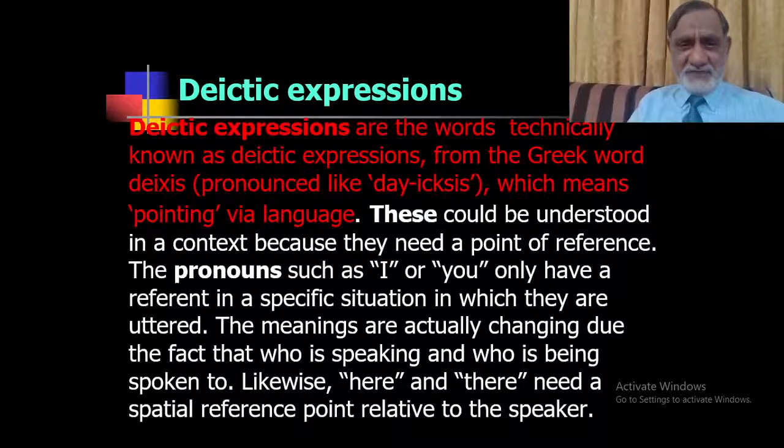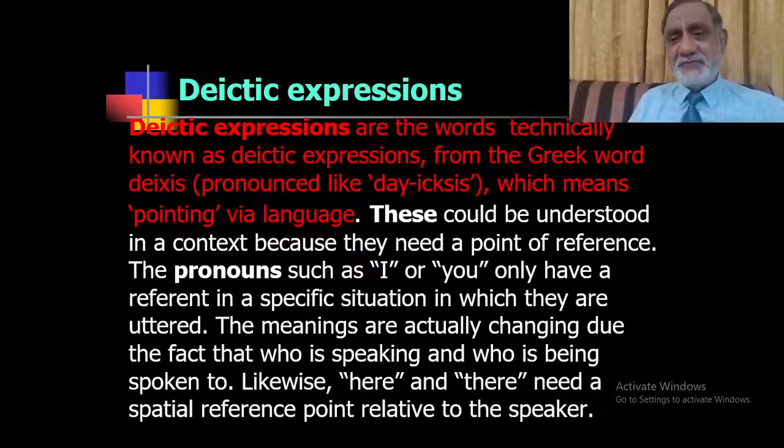Deictic expressions. Now, what are they? They are words technically known as deictic expressions, from the Greek word deixis, which means pointing via language. These could be understood in context because they need a point of reference.